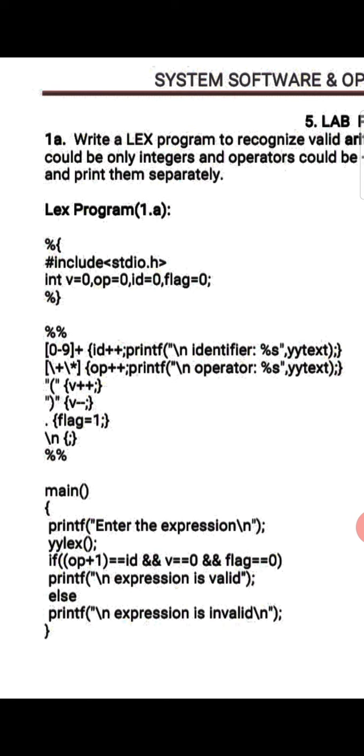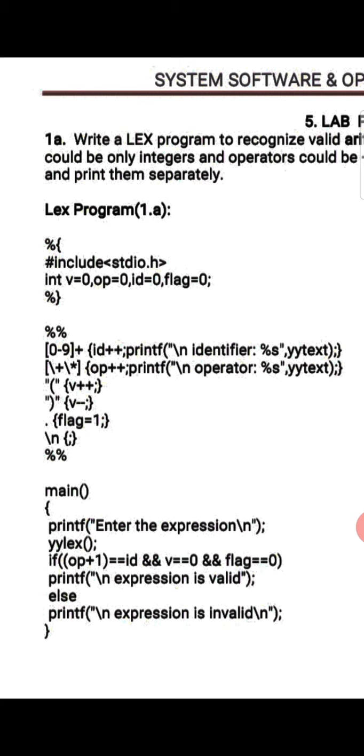Any of the other characters, as mentioned in the question itself, the arithmetic expression must consist of only integers and the operators plus and asterisk. If any of the other characters are present, that is identified with the help of this flag variable. This flag should always be 0.